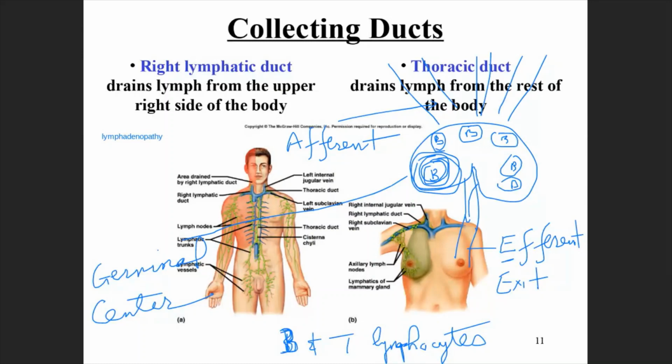And because the inguinal lymph node is near the surface, you can palpate. That's a good word to know, palpate. When you palpate, it means you can feel. And if it's enlarged, that means you have an infection, if you will.